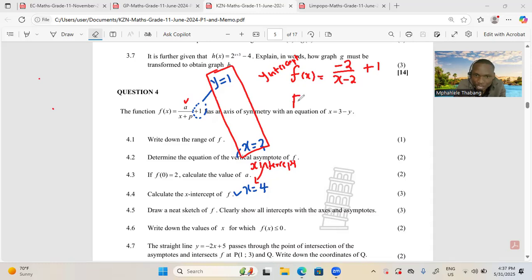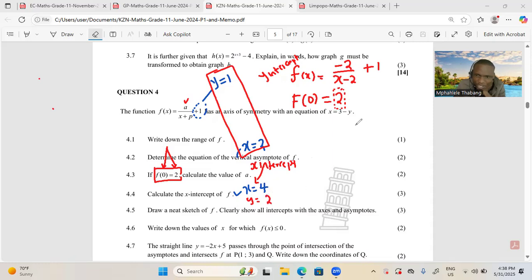So f of 0, oh, we have it actually. We don't even have to calculate it because we are saying f of 0 equals 2. We are simply saying when x is 0, y is 2, and that is the y-intercept. So this is your y-intercept, which is 2.